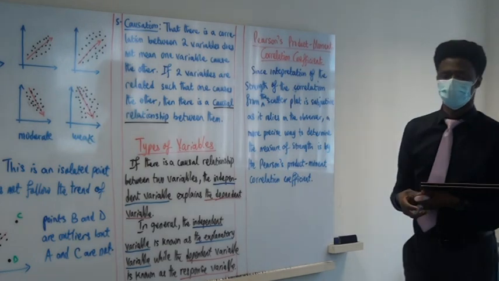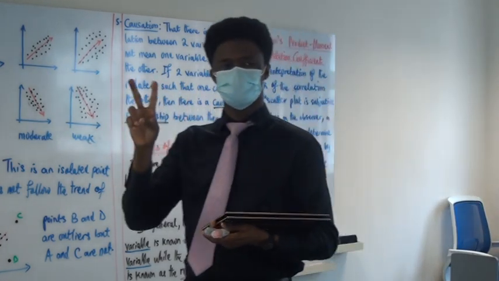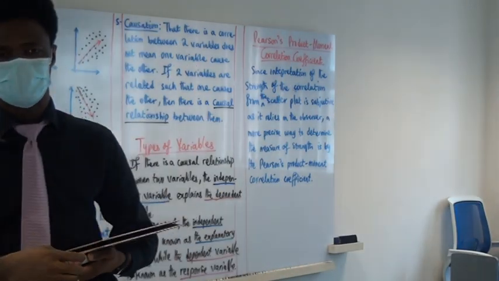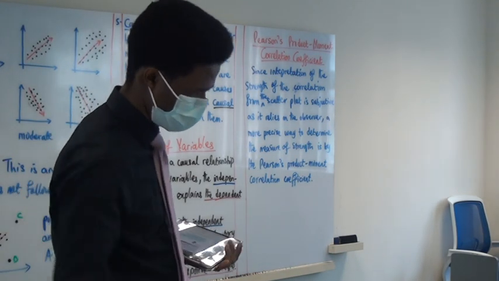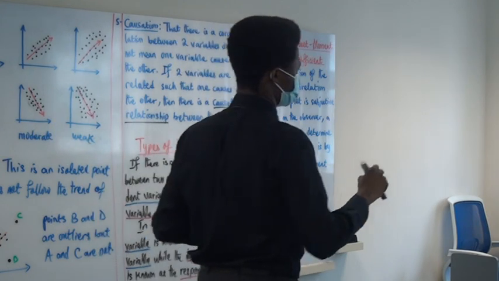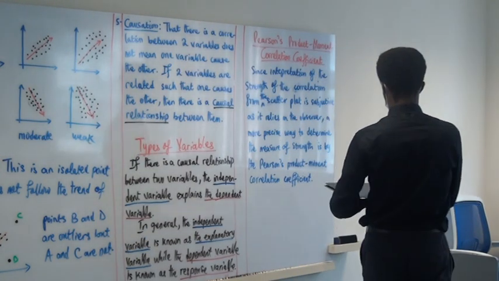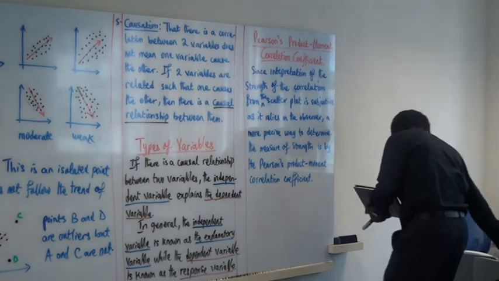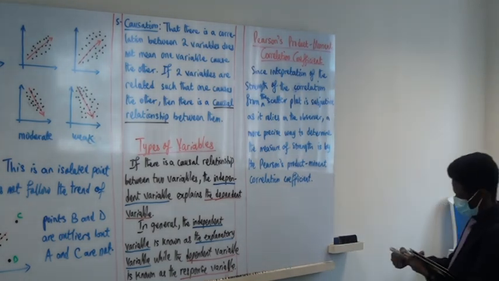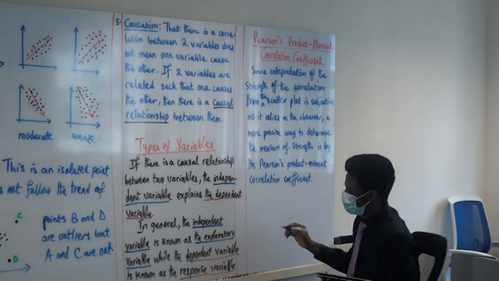So, our data is always in two forms, right? X and Y. Yes, because it's bivariate data, so they are points on the XY plane. Let's put it this way.